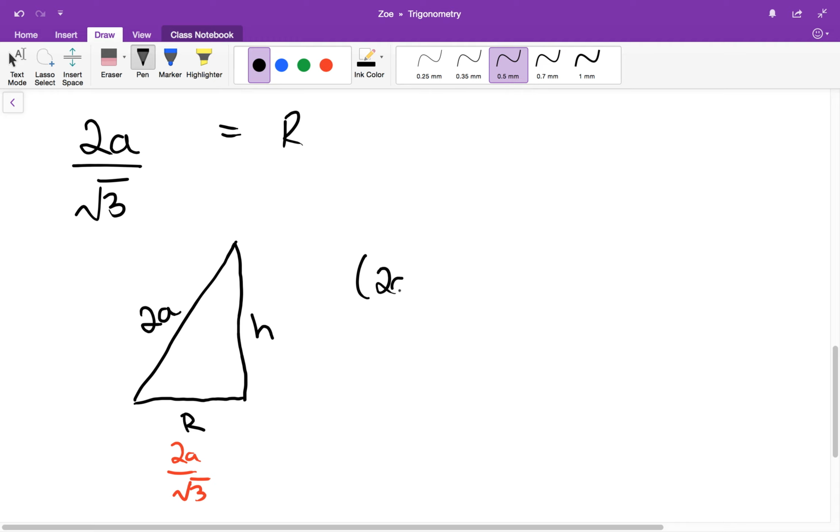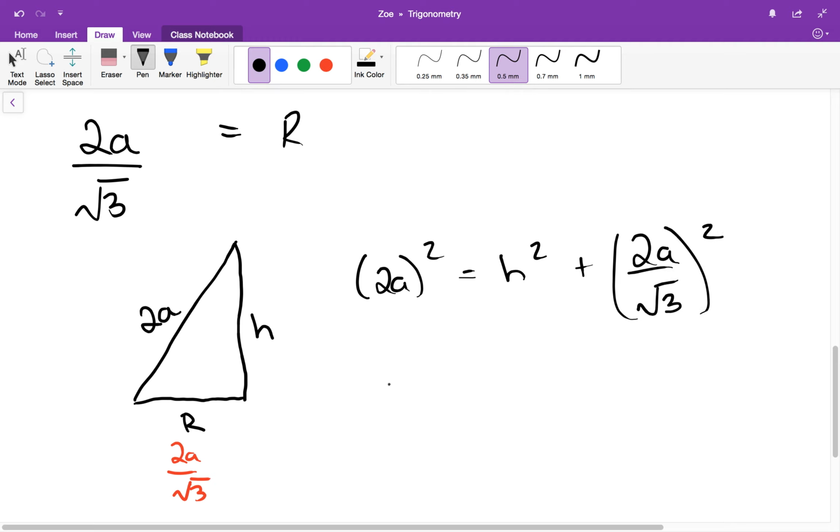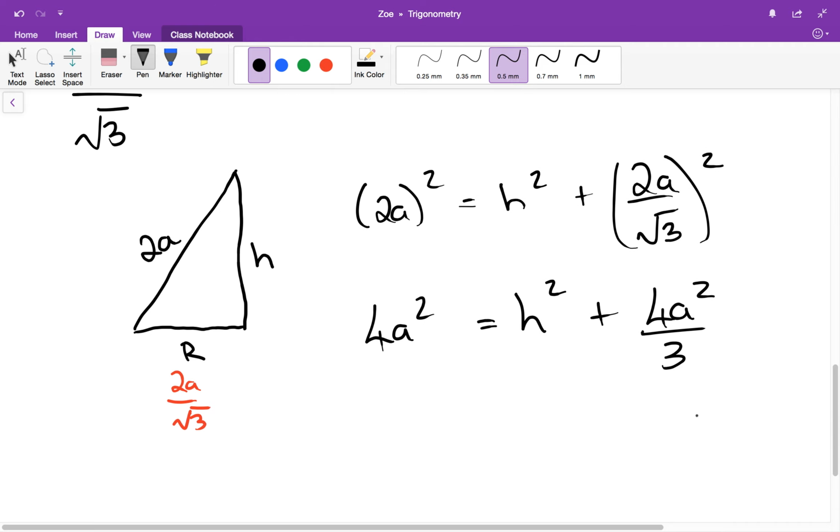If I do Pythagoras on this, I get 2a squared equals h squared plus 2a over the square root of 3, squared. Okay. So I get 4a squared equals h squared plus 4a squared over 3 when I square that.